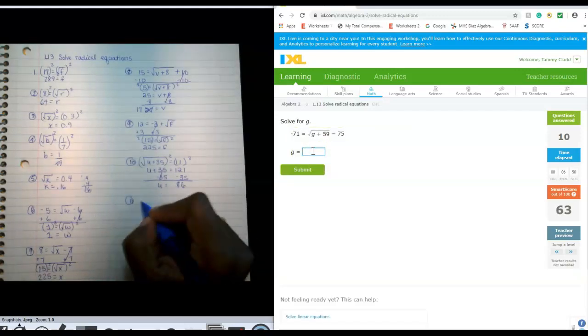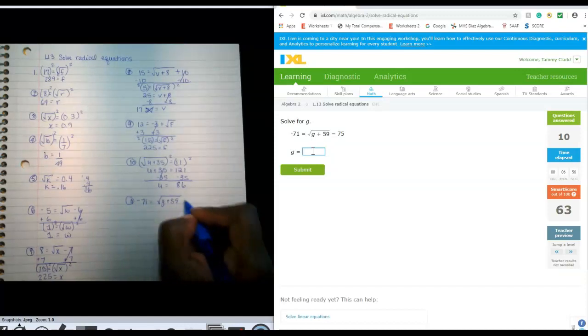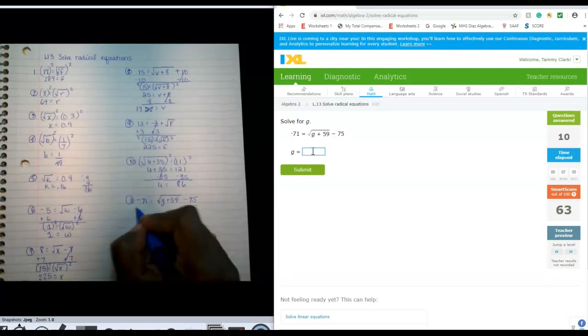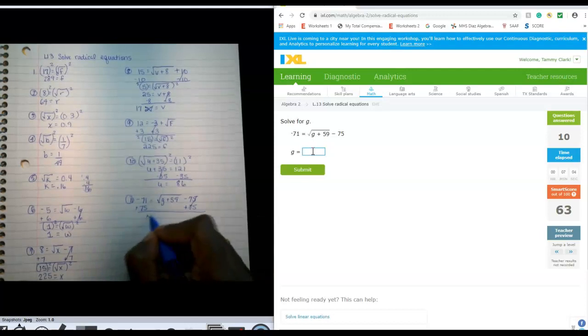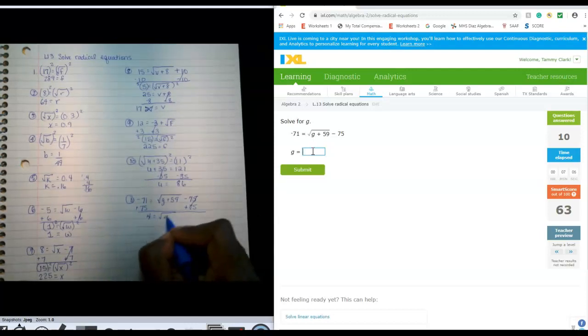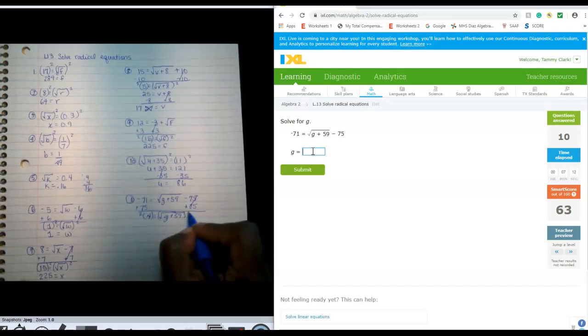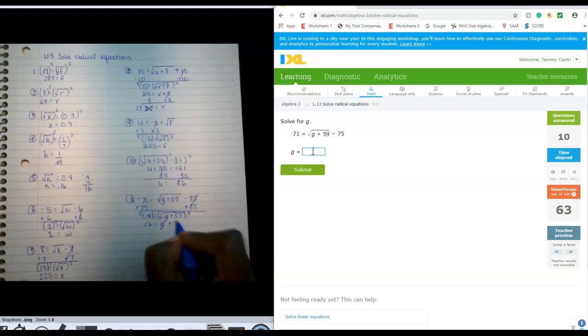11, negative 71 equals the square root of g plus 59 minus 75. Let's add 75 to both sides of the equation. We've got 4 is equal to the square root of g plus 59. Go ahead, square both sides. So we've got 16 is equal to g plus 59.